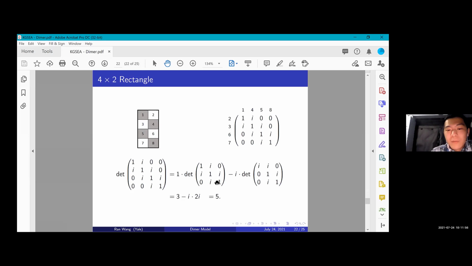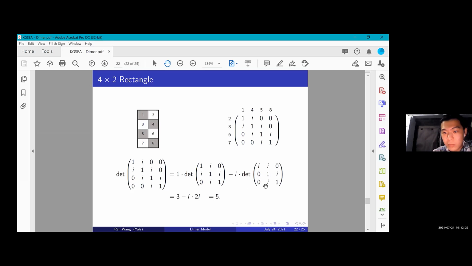For this part it's 3, 1 times 3. We know about that. And for this part it's i times this determinant. We'll see that there are only 2 terms that work. This term here, i times 1 times 1, gives a product of i, and another term gives i times 3 i's, so it's i squared, and this is actually minus i.